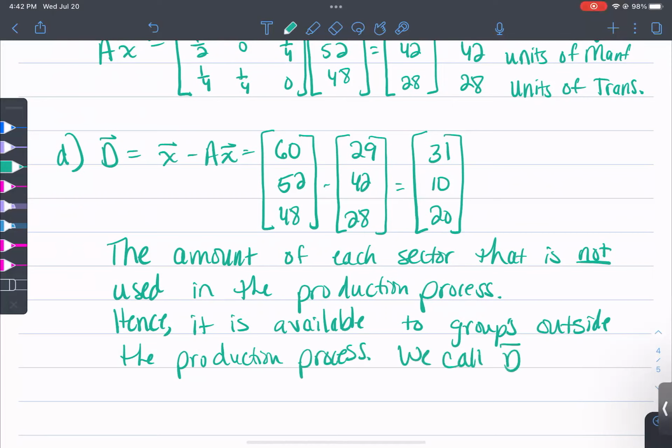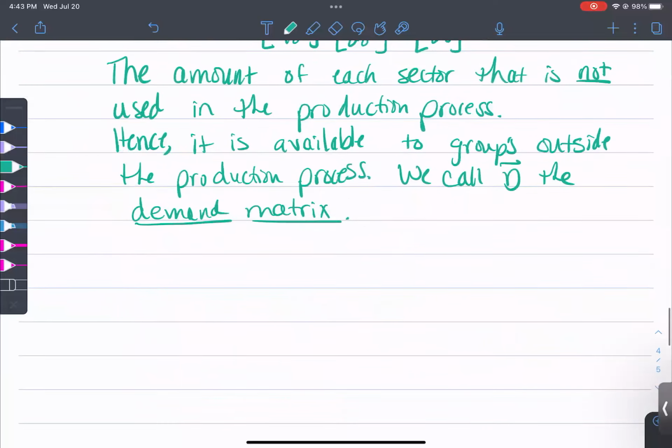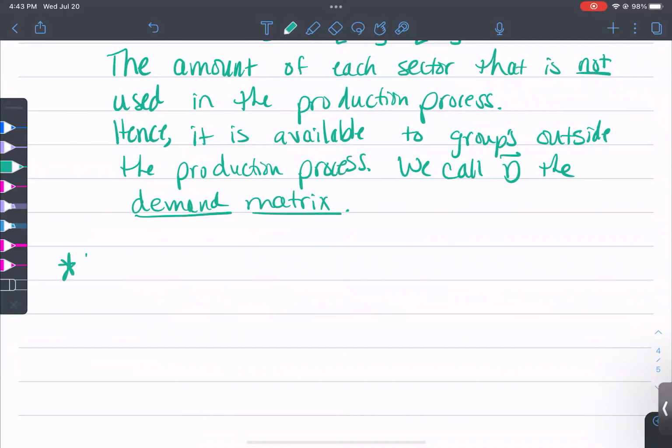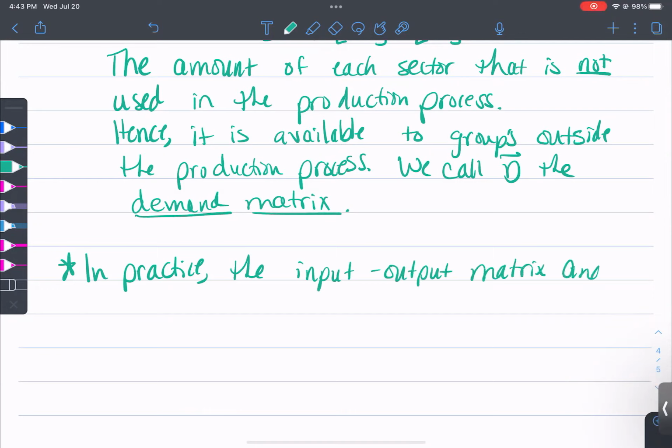We call the D matrix the demand matrix. And when this is used in practice, the input-output matrix and the demand matrix are known.